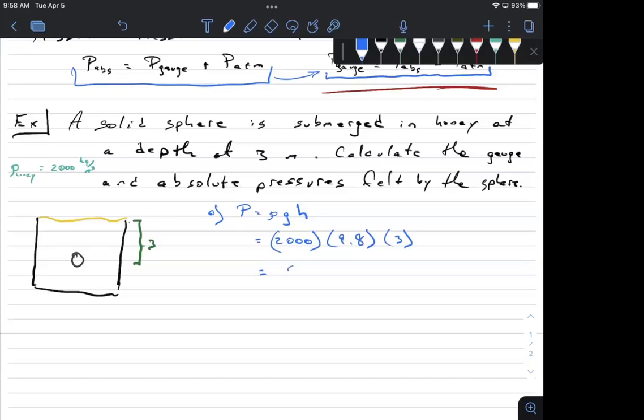And what we get is 58,800 pascals. Or if you like scientific notation, 5.88 times 10 to the 4th pascals.